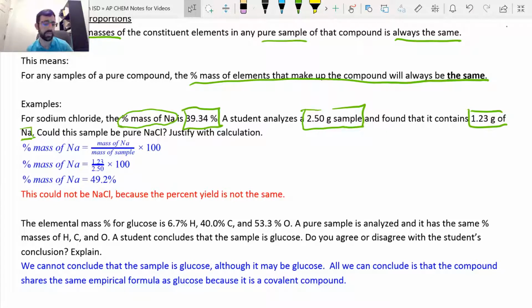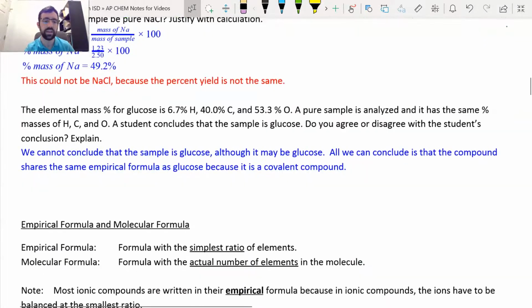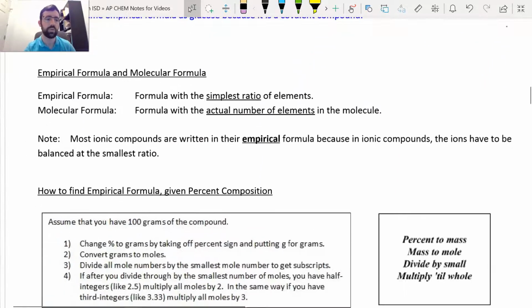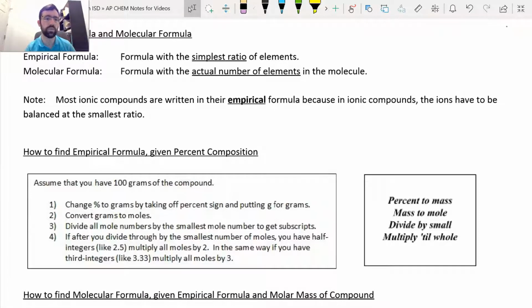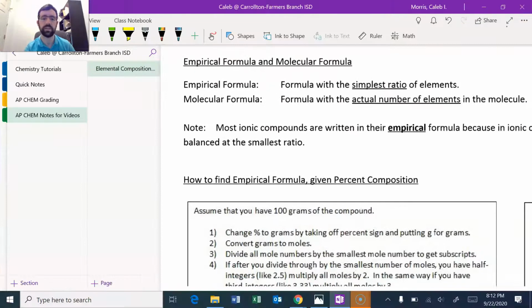It could be the same pure substance, but it also could be a different pure substance with the same empirical formula as glucose. We're going to talk about that down here when we explain and just review what the empirical and molecular formulas actually mean.